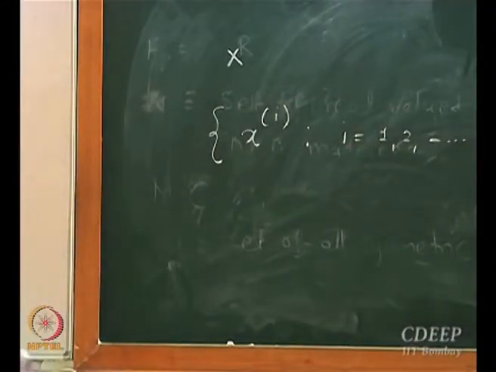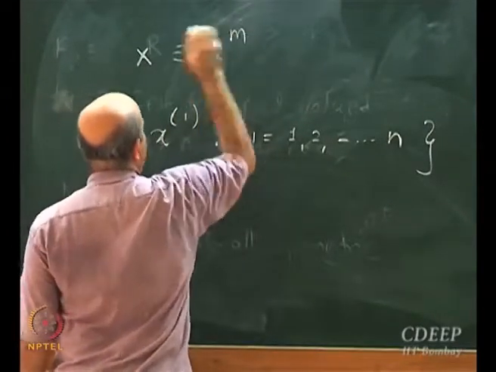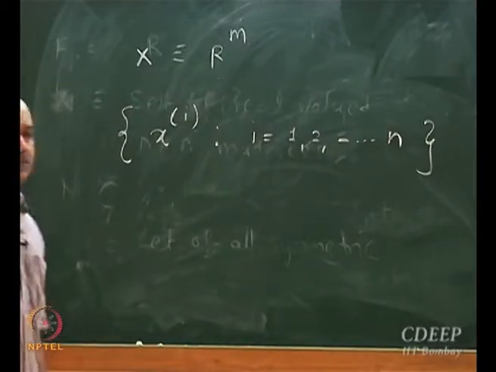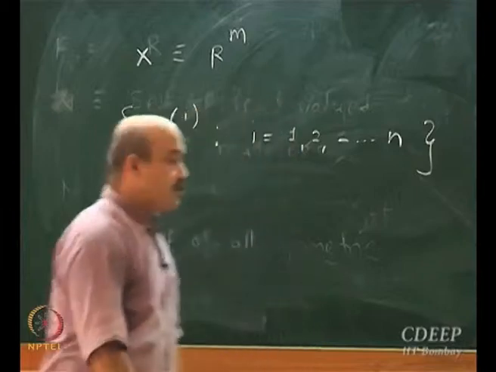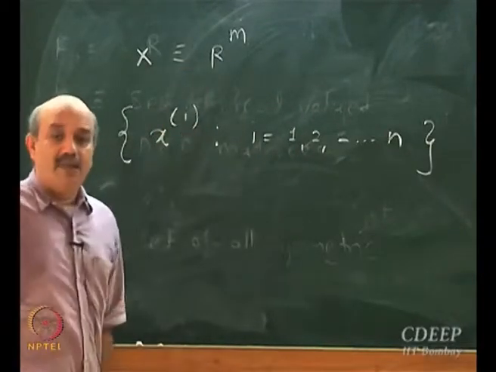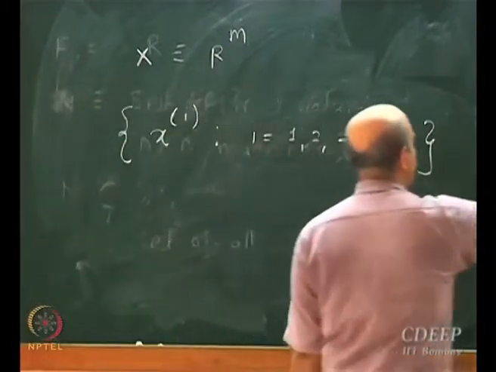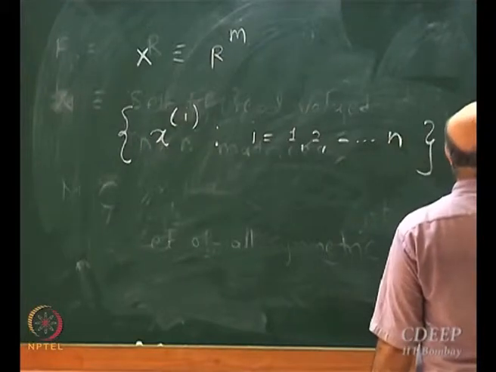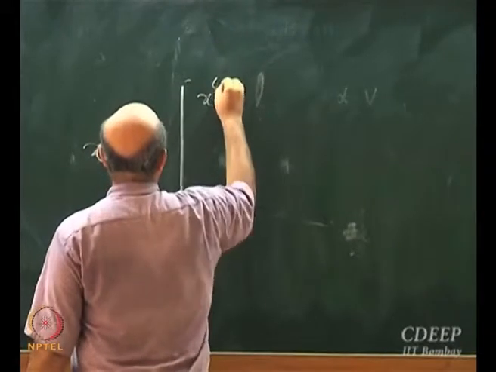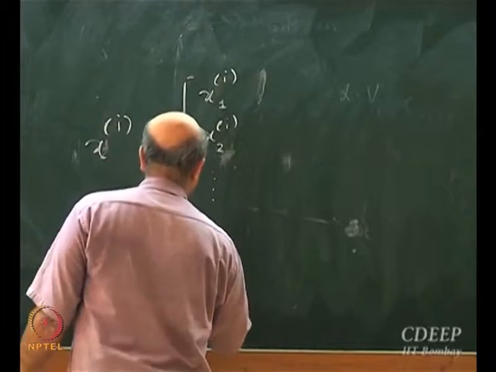It is quite possible that my set is nothing but R^m. So there are n vectors, and each one of them is an m-tuple. Where I am going to define this as x^(i) corresponds to x^(i)_1, x^(i)_2, up to x^(i)_m.